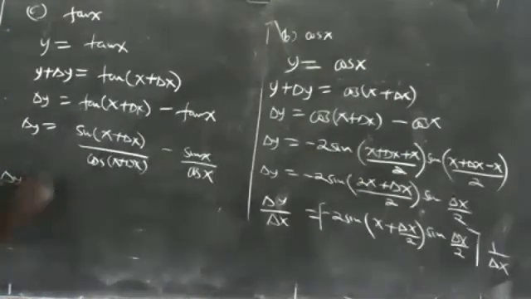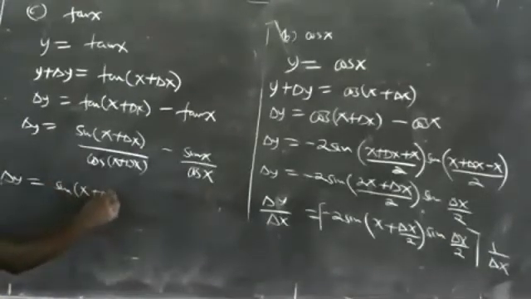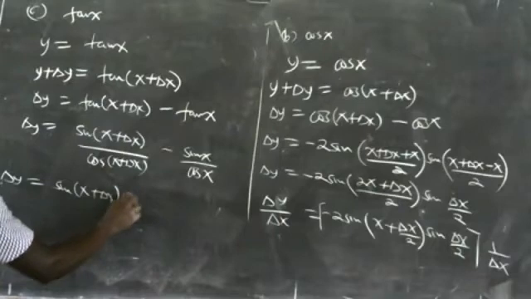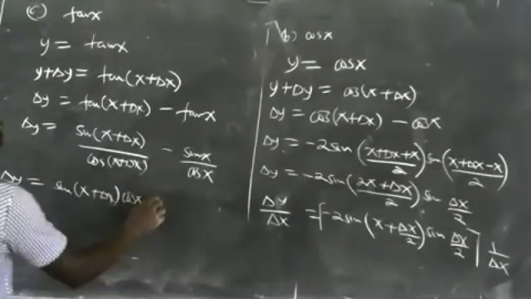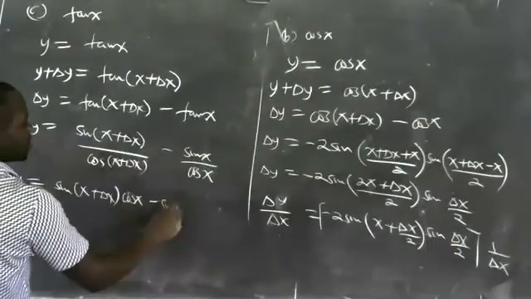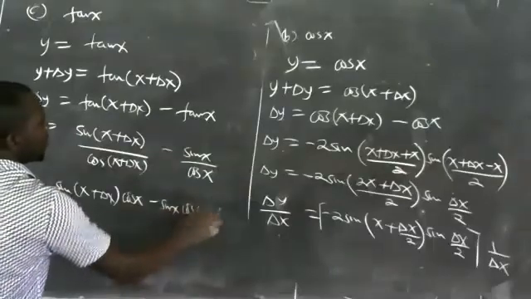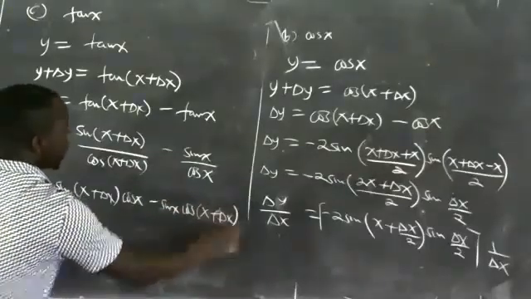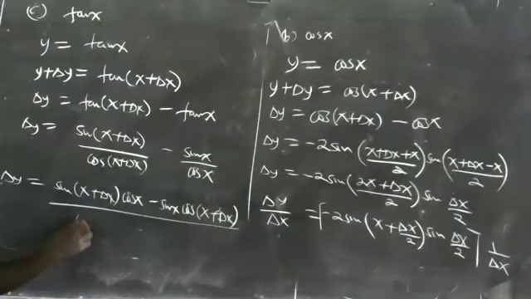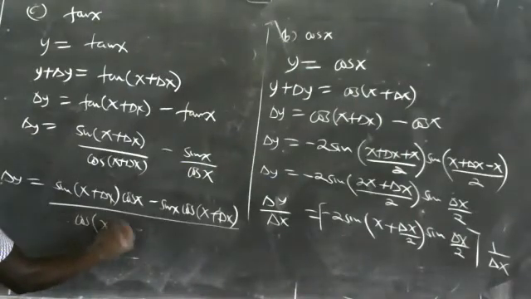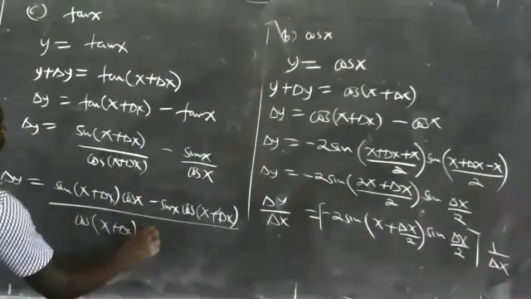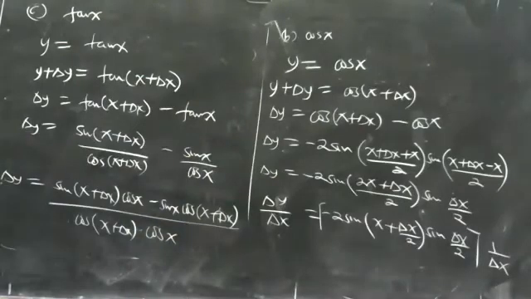Change in y becomes sine of x plus change in x, cos of x, minus sine of x, cos of x plus change in x, divided by cos x times cos of x plus change in x. I'll go to the LCM, which you can see.